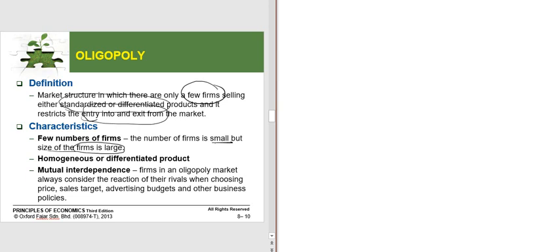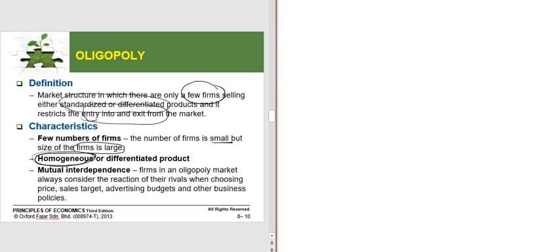And they are selling either homogeneous or differentiated products. Their products are not really identical like in perfect competition, but, like I said just now, the characteristics of their products are somehow close with each other.